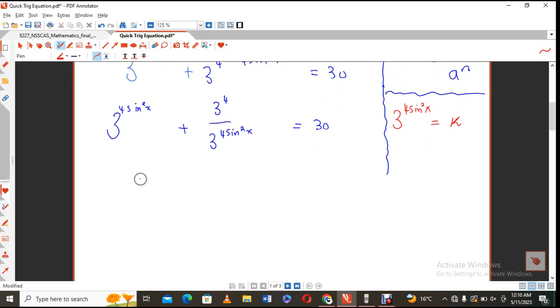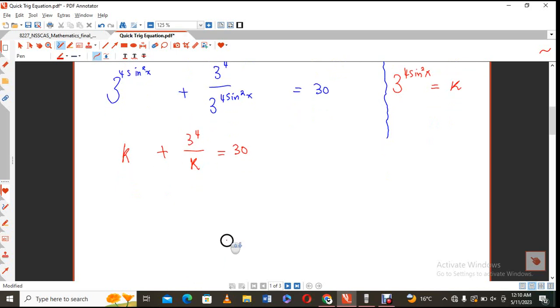So that now means that I have k plus 3 raised to the power of 4 over k is equal to 30. Again, remember that this somehow becomes a quadratic. So this is going to be k plus 81 over k is equal to 30. So what we're going to do is clear that denominator by multiplying throughout by k.